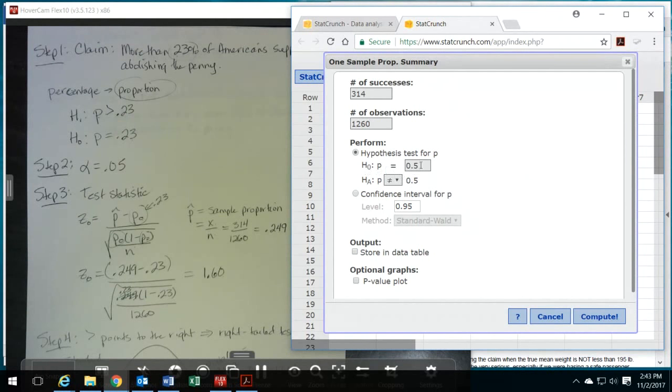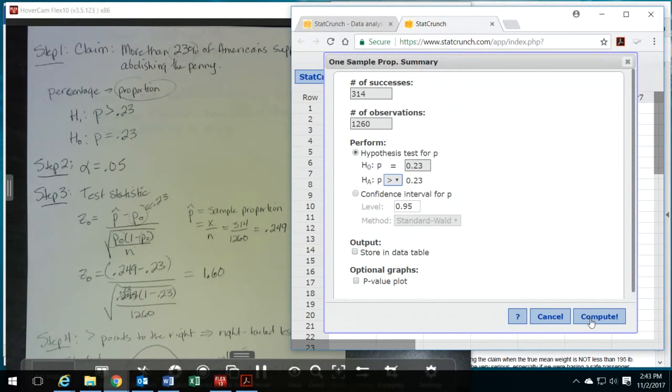And here's why we already have to have our null and alternative hypotheses figured out, because this asks us what they are. So for the H0, we want to put in a p of 0.23. And then on StatCrunch, they have HA instead of H1 for the alternative hypothesis. So we just need to put in the right inequality. So this was a greater than.